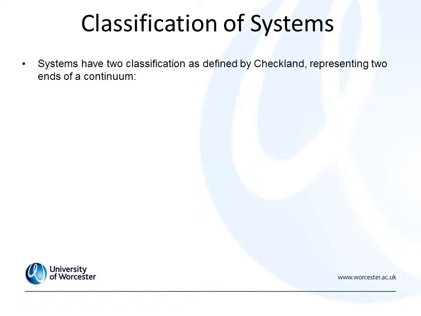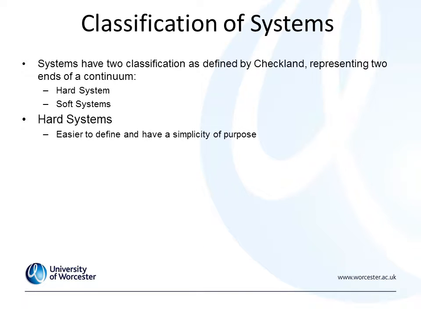Okay, some quote by Laszlo and Krippner here, talking about Checkland, who developed the concept of, or classification of, hard and soft systems. Now, he really developed it to represent two ends of a continuum. So we have hard systems that really, in a way, are easier to define and they've more clear-cut aims or purpose.